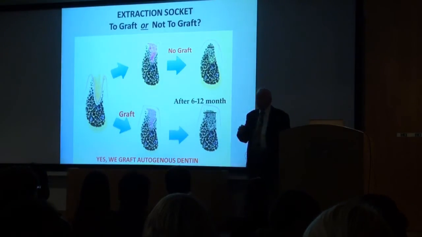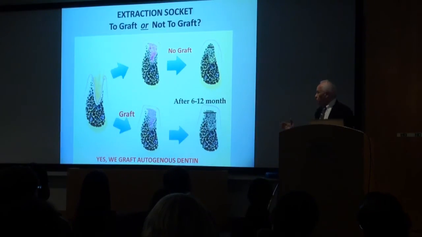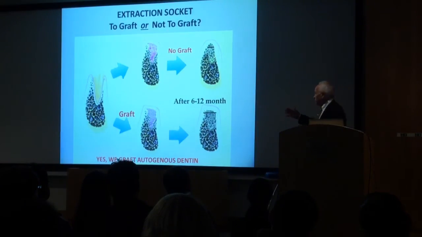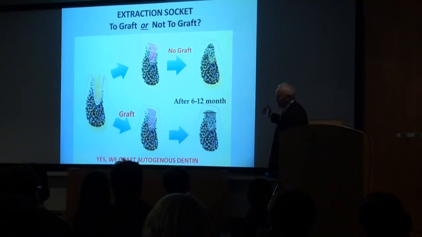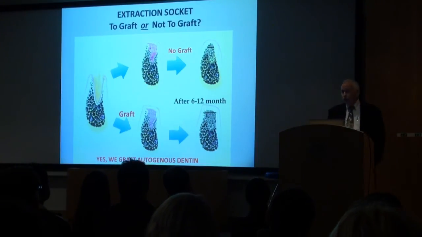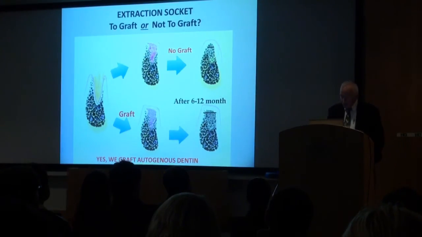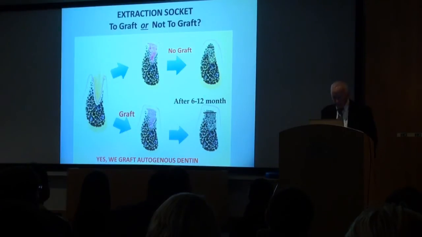So he didn't have any preferred material, but all of them in some way preserve the ridge. So it's good to preserve the ridge, and you can use whatever material that you always have good confidence in.